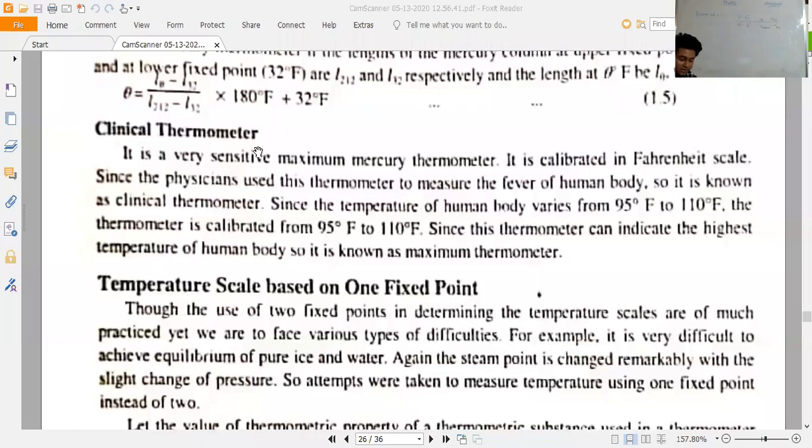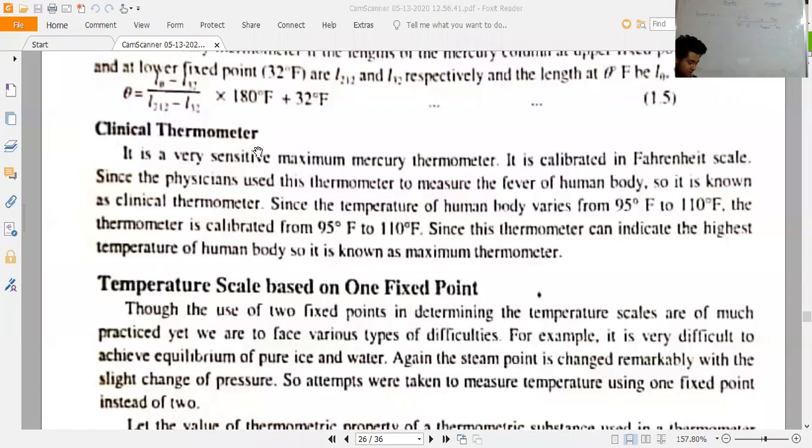But later I came to know that this is the Fahrenheit scale. In the Fahrenheit scale, the boiling point is 212 degrees, and my body temperature is only 102, 103 degrees Fahrenheit, like that.